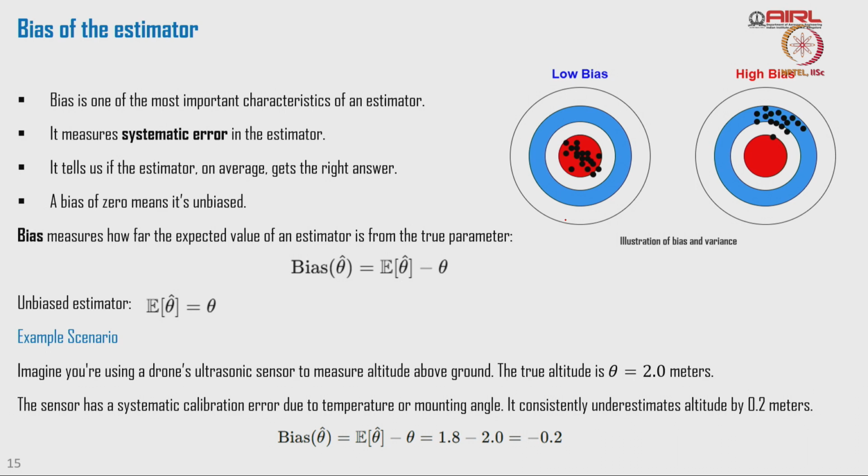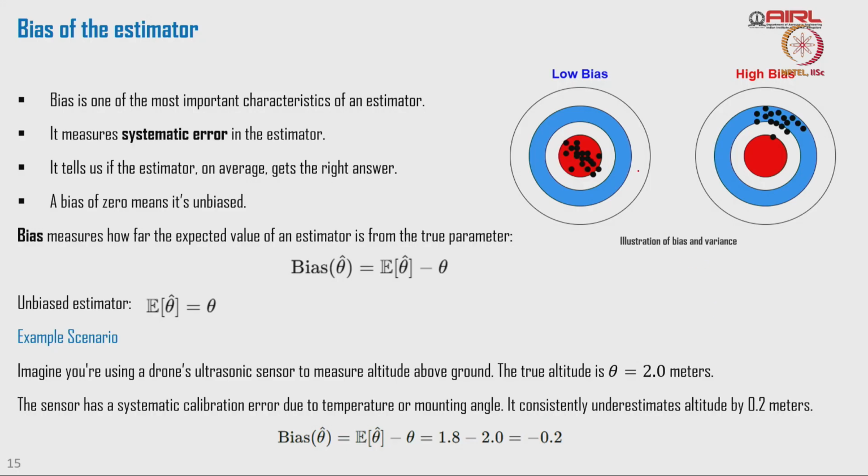So it is like I kept my drone at one fixed position, it is not flying, not moving, and I know the true value. Due to the temperature variation and the way it has been mounted, there is a consistent error of 0.2 meters, which means the bias is 0.2. Lower bias means it is very close to the true value.